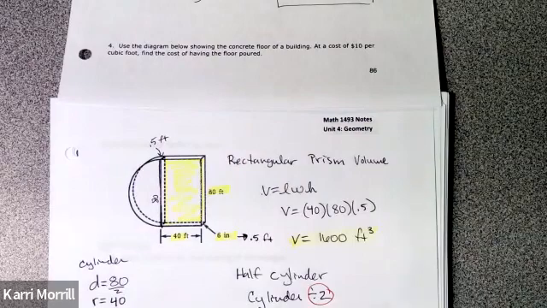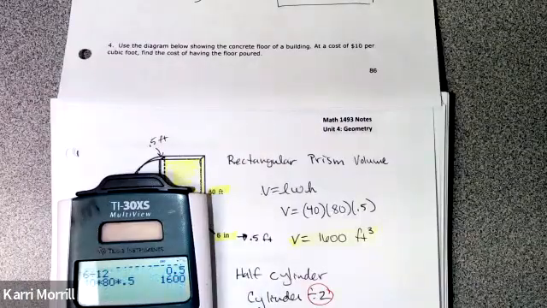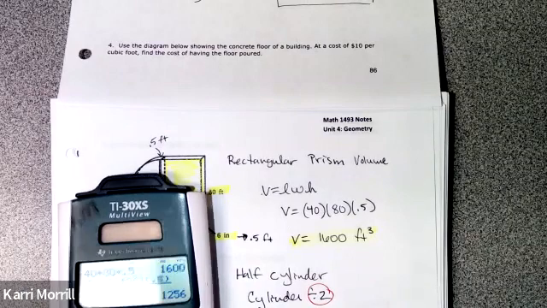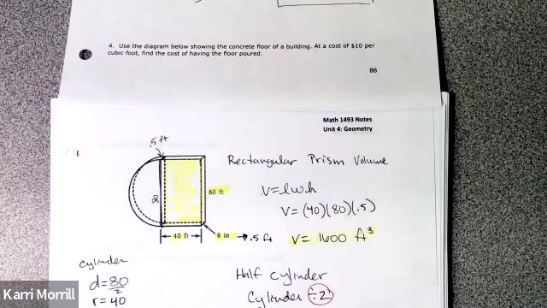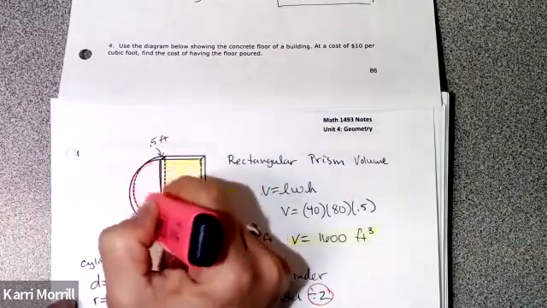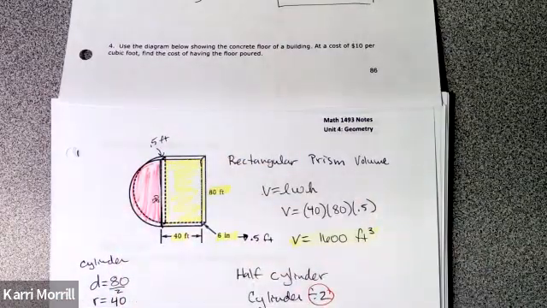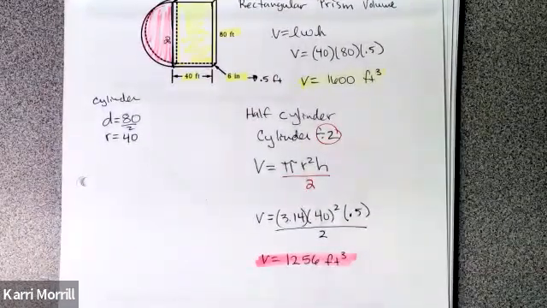So let's type that into our calculators: 3.14 times 40 squared times 0.5 over 2. So that would be 1256 feet cubed. So that would be the volume of this section right here. Oh, you can't see what I wrote. I am so sorry. There you go. That would be the volume of that.